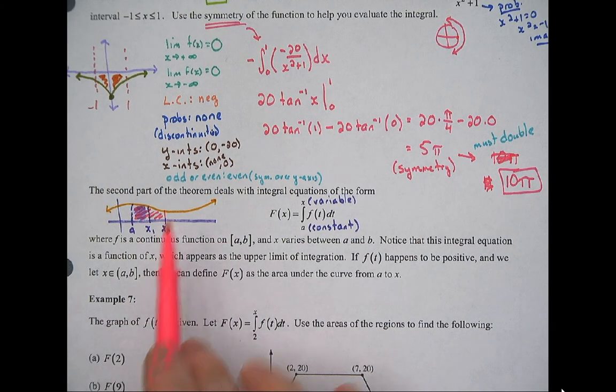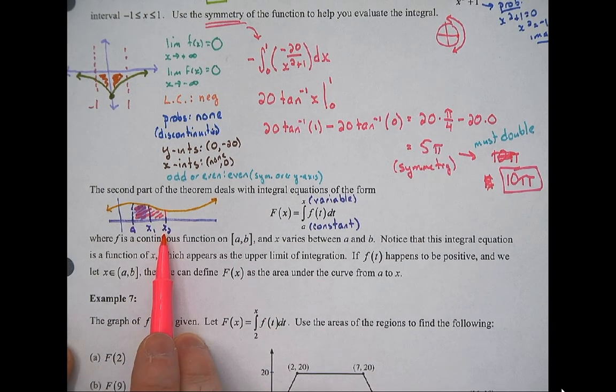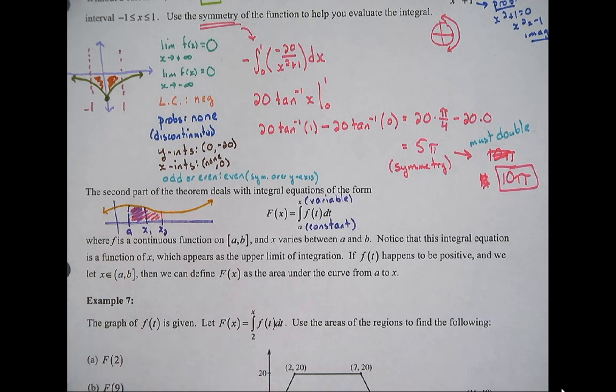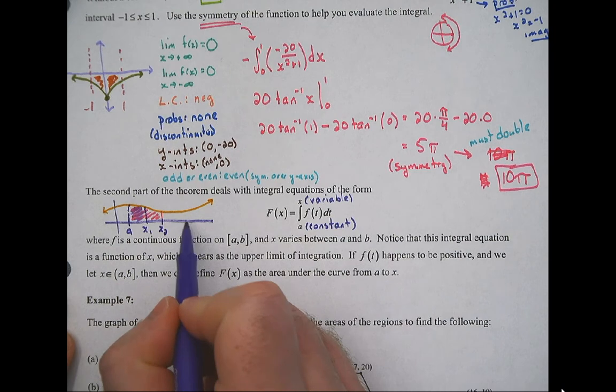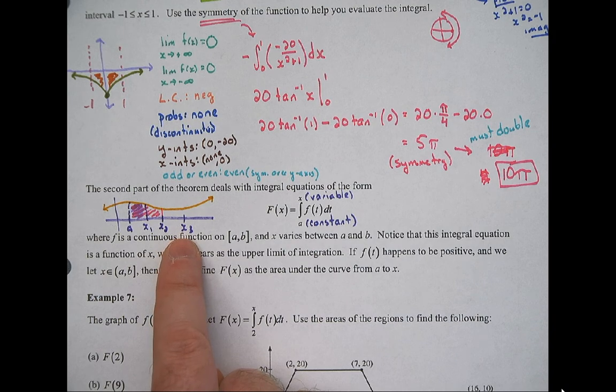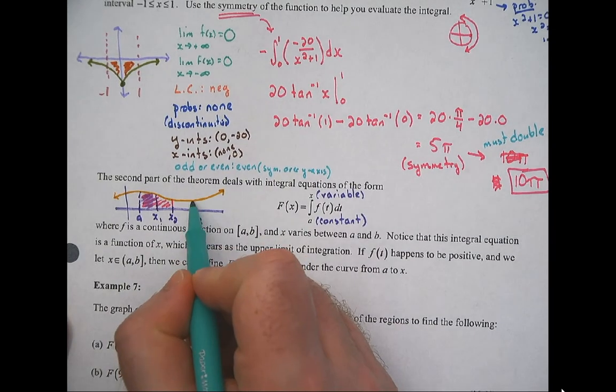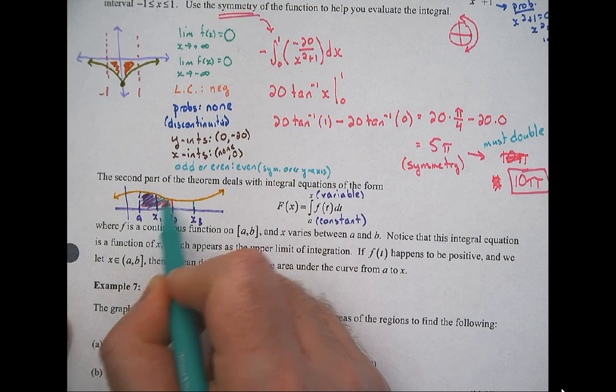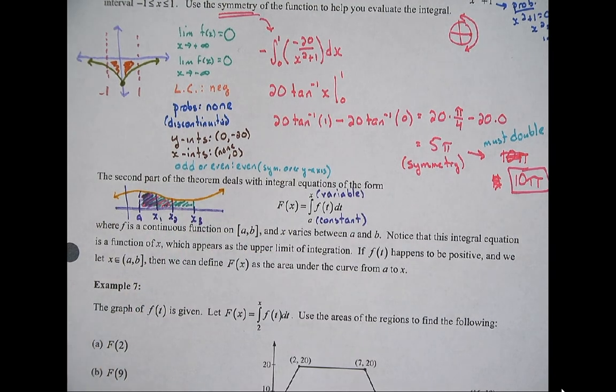So this is some input, that's my x value, and then the area underneath the curve is my output or my y value. I could go to some third x value, that's going to give me some input, and it's going to spit back some sort of output, and that output is that area underneath the curve.